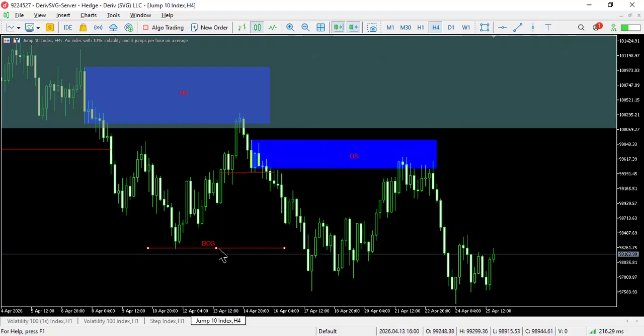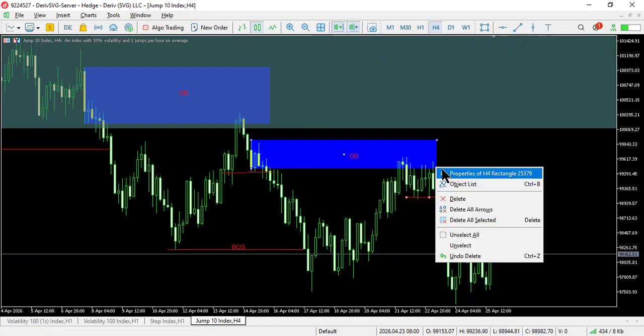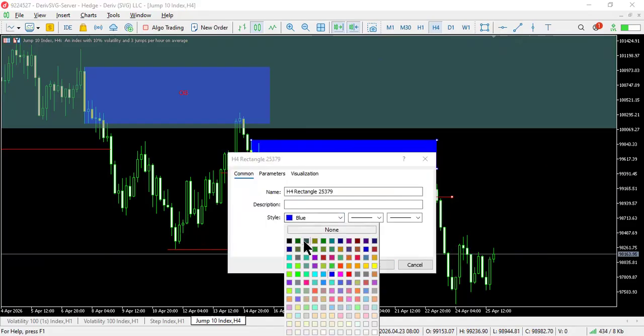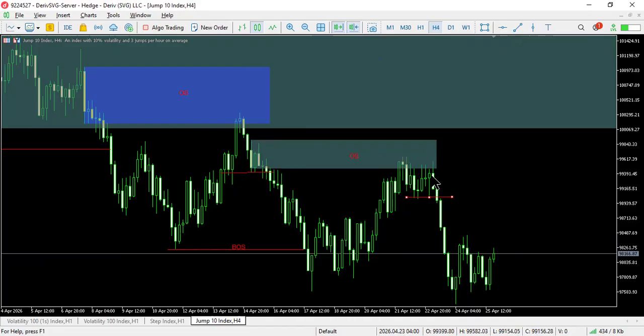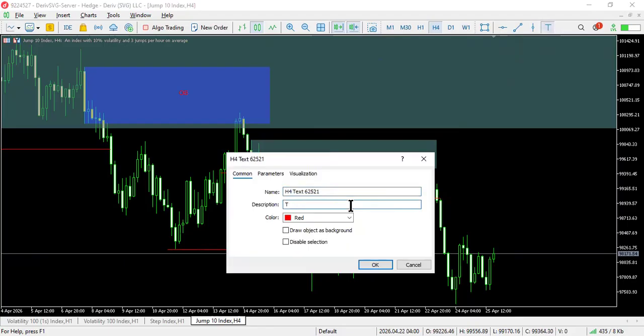Now this is a general break of structure. Our most recent break of structure, it is that break of structure right there.